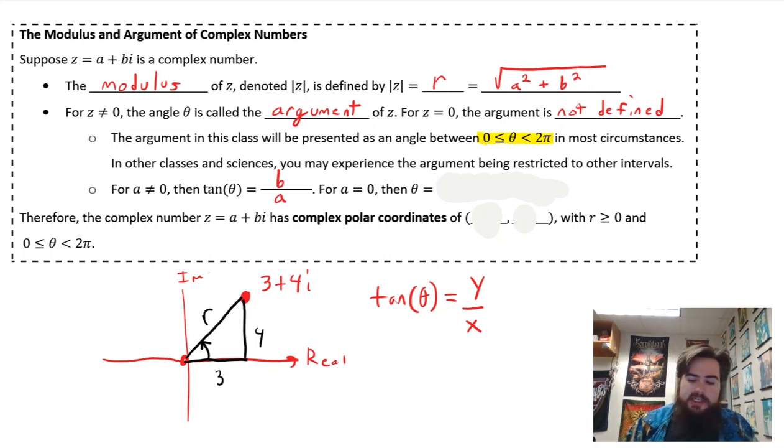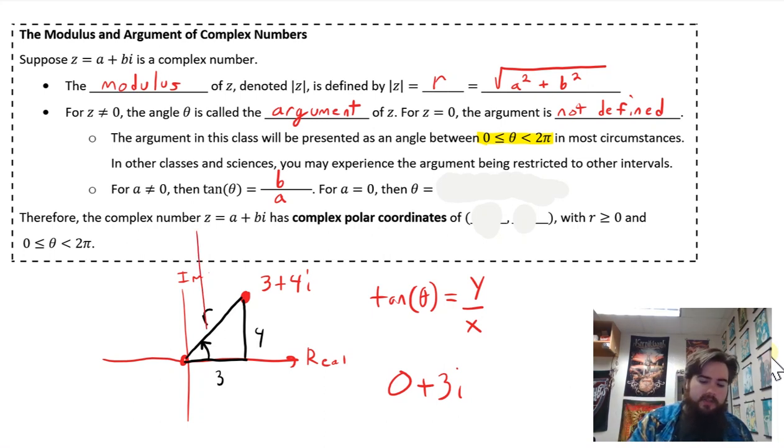If a equals 0, though, then you cannot use this because then you would be dividing by 0. However, we should be aware that if a does equal 0, if the real component is equal to 0, and the imaginary component is something else, for example, 0 plus 3i, then that means, similar to an xy plane, I'm going 0 left or right, I'm just going up or down some amount.